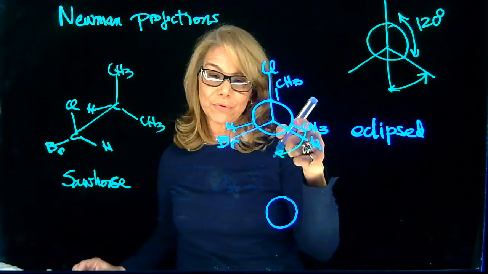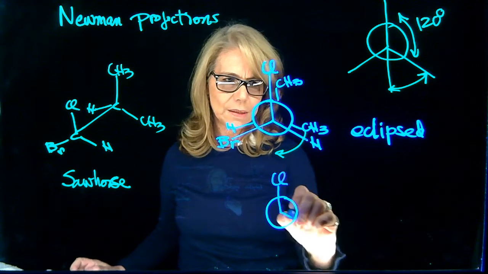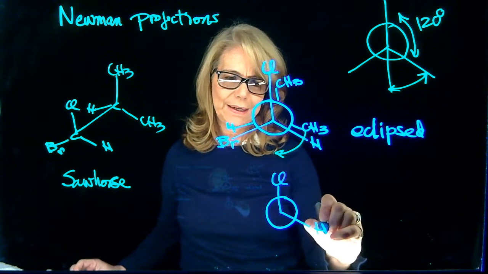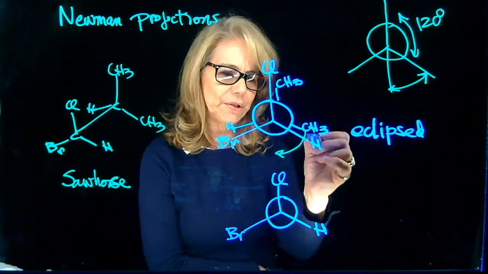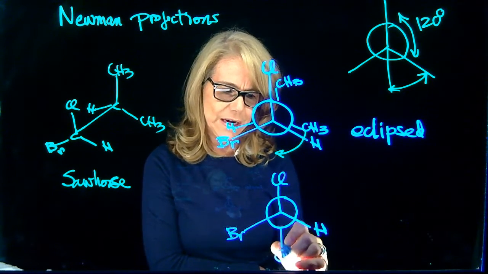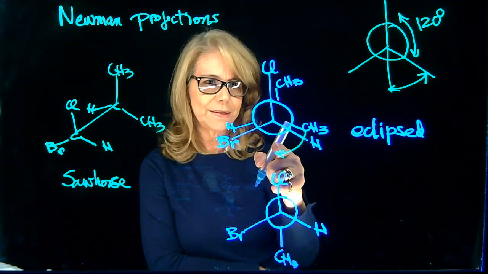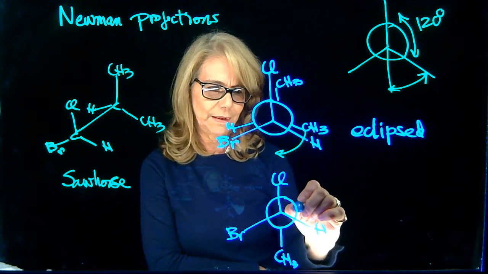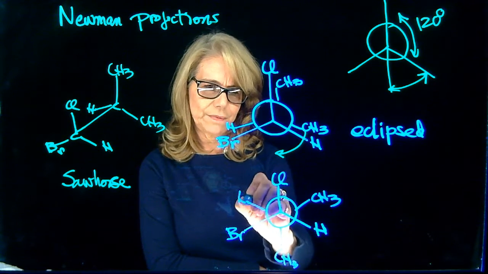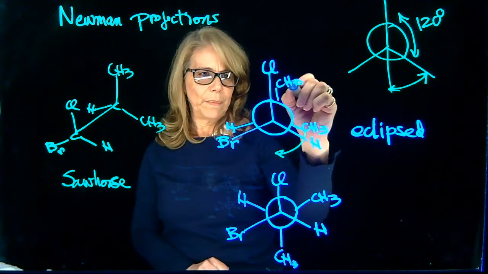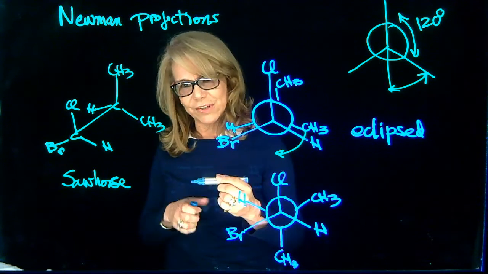So now I'm going to redraw the same. And I said that I'm rotating the carbon in the back. So I'm keeping the carbon in the front the same. I had an H here and a bromine. And when I did that rotation, then the methyl is now here. And there's one methyl here, right? So now the second methyl went over here. And I have the hydrogen here. So notice I have methyl, methyl, hydrogen in the back.